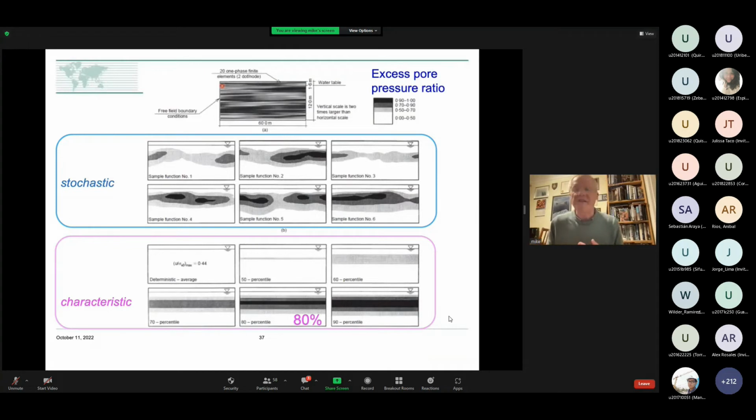So what we do in this situation is we roll a dice in the computer, and populate the entire box, or the finite element analysis, populating each element with a void ratio such that the pattern of void ratio matches the pattern we would get with the cone penetration test. And what you're looking at here is 6 what we call realizations.